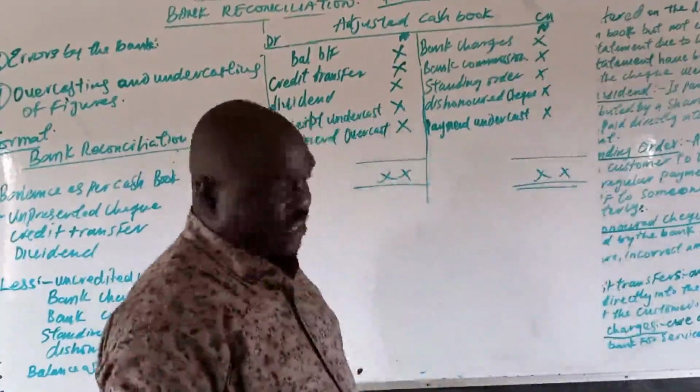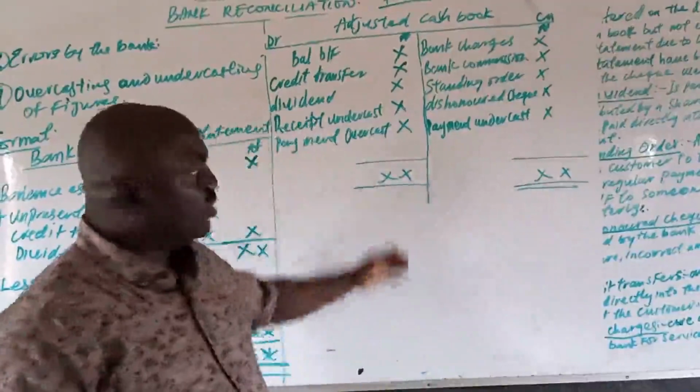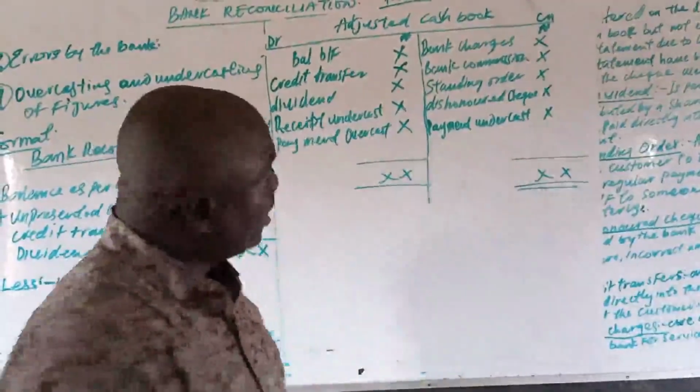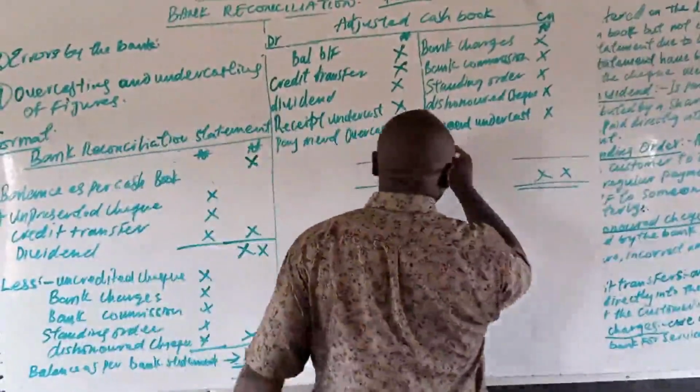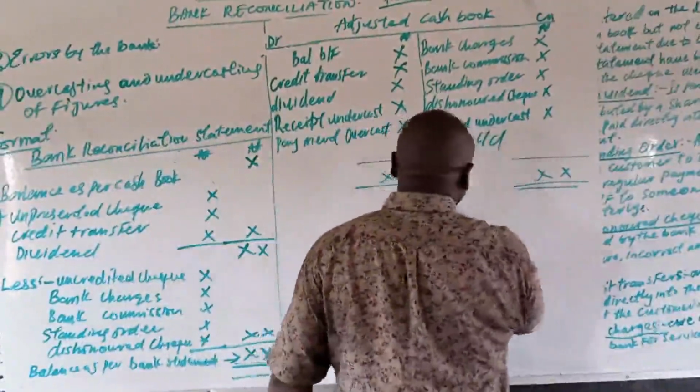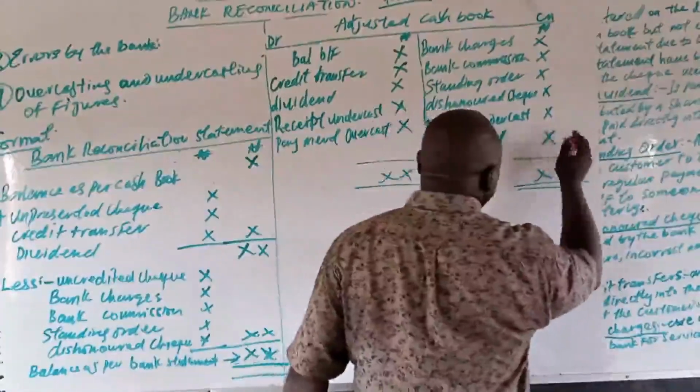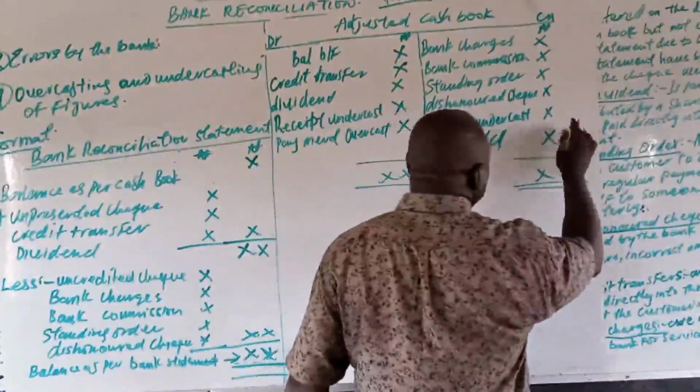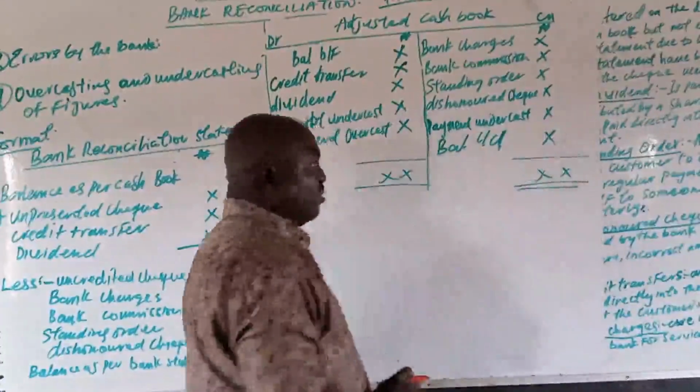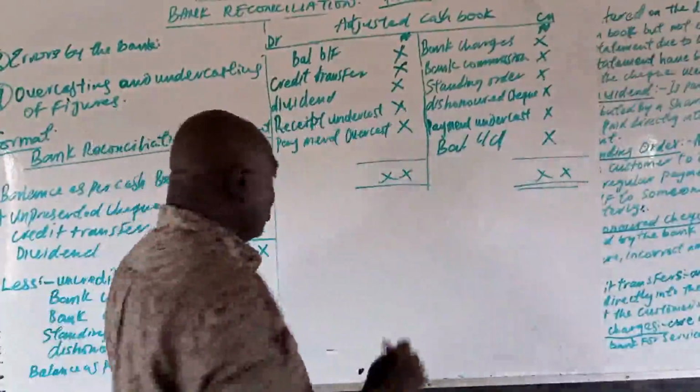And then the larger chunk will be written down and deduction will be made. And we are going to have what we call the balance carried down. Now this balance carried down will now be transferred to the bank reconciliation statement.